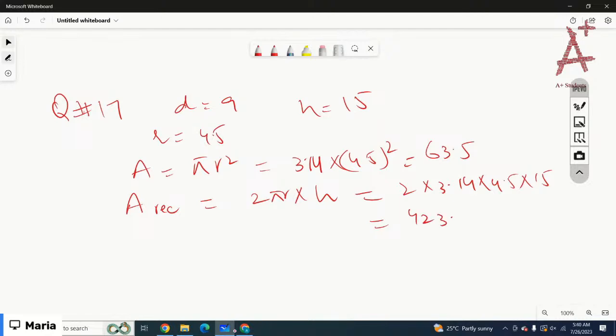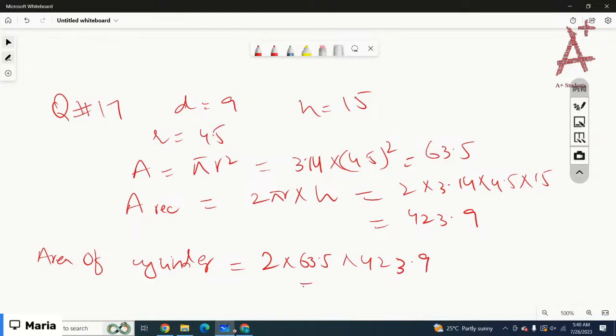That is 423.9. Now the area of the cylinder that is exposed to sun is 423.9 plus 63.5, it is 488.